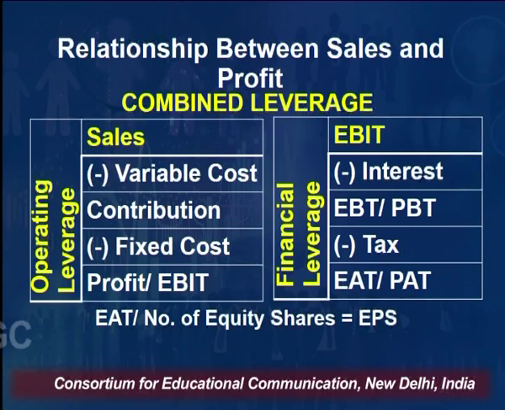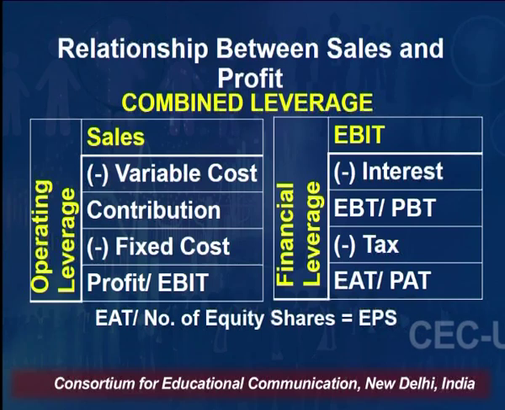This process of calculation of earnings after tax from EBIT is called financial leverage, because it shows the impact of using debt in our financial pattern. When we combine these two types of leverages, operating leverage and financial leverage, we get the value of combined leverage.